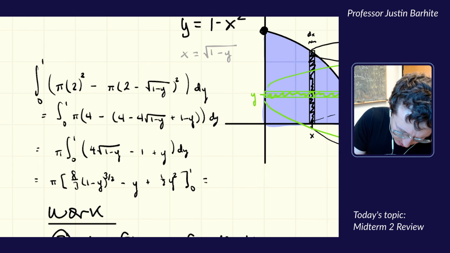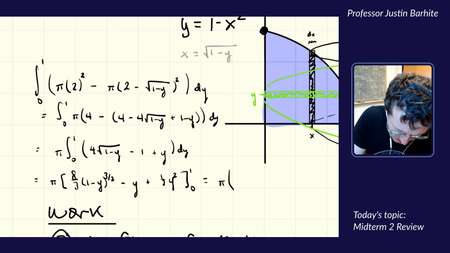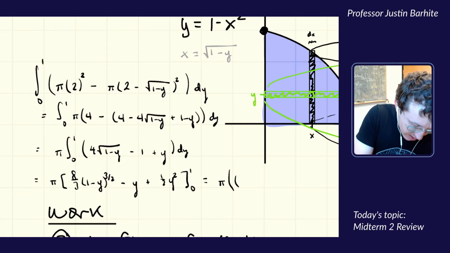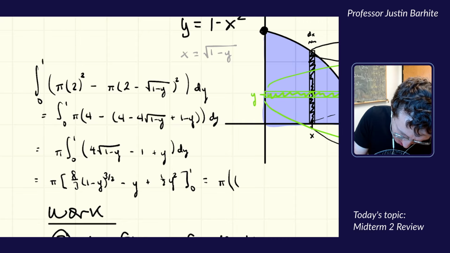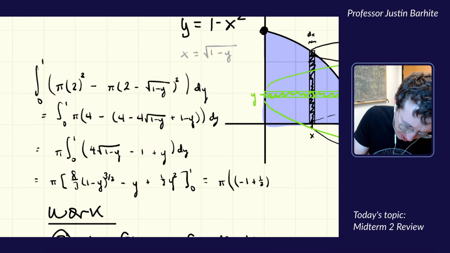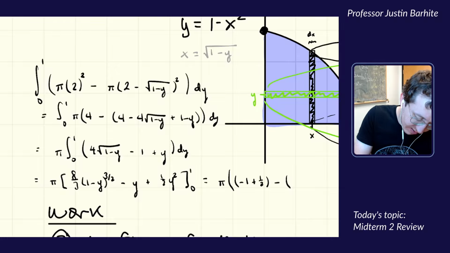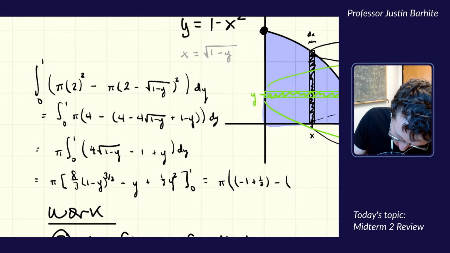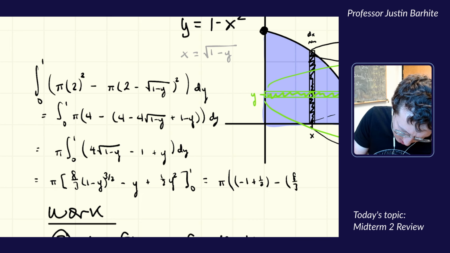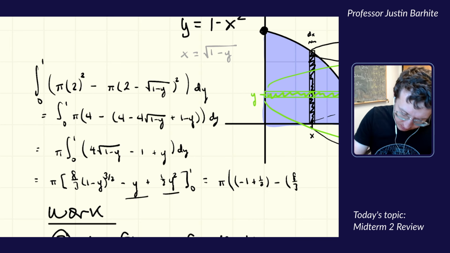Okay, now when I plug in 1, I get 0 minus 1 plus 1/2. And then when I plug in 0, this gives me 8/3. And that's 0, and that's 0.